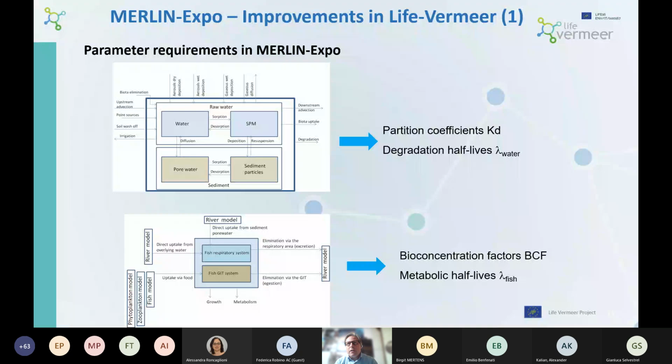You can easily imagine that all these models are based on a great quantity of parameters like partition coefficients, half-lives in different media, in water, in organisms, bioconcentration factors, etc., etc. And the problem is to find the good values for all these parameters and for a large range of chemicals.